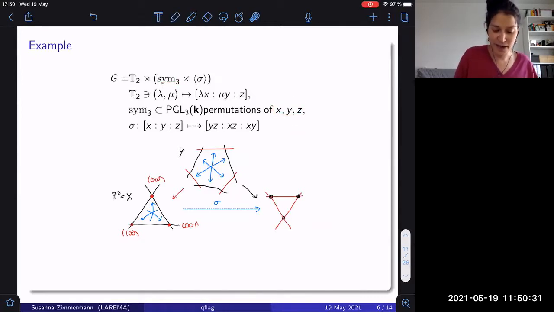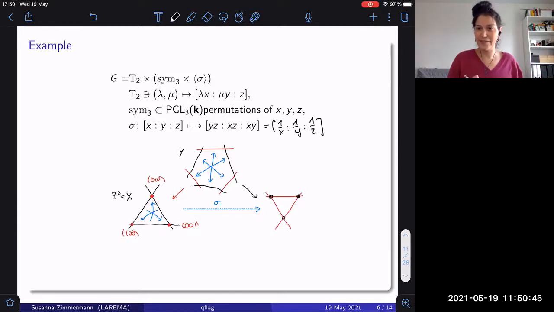And then my involution here is going to act as this quadratic map. This is an involution because you can write it as 1 over x, 1 over y, 1 over z. So you can check it's an involution. And I'm presenting you here also what the involution does geometrically.